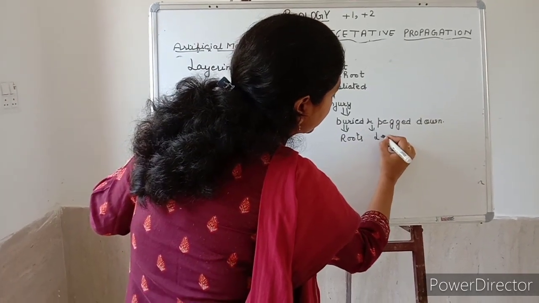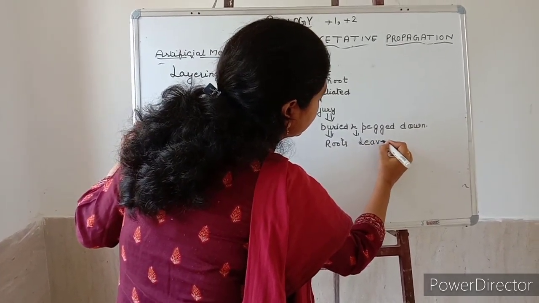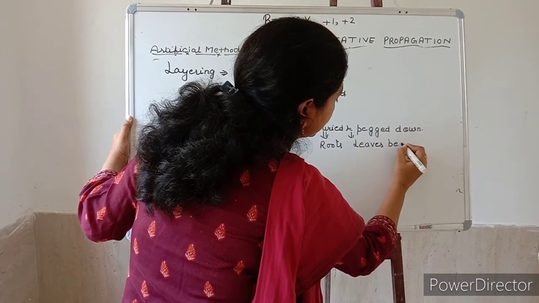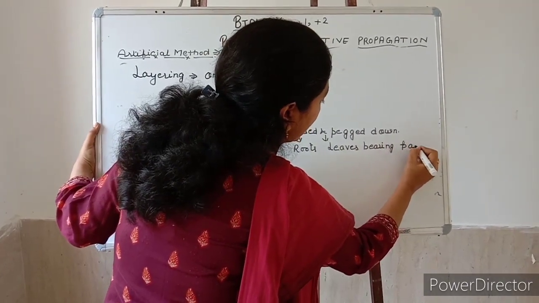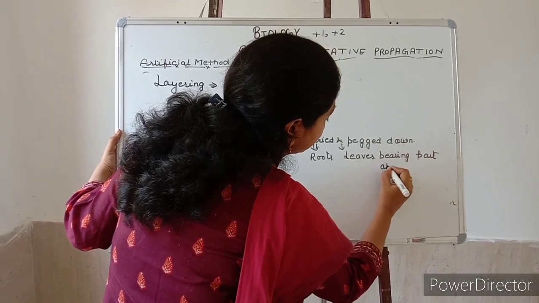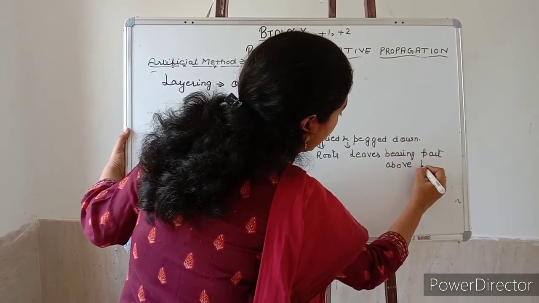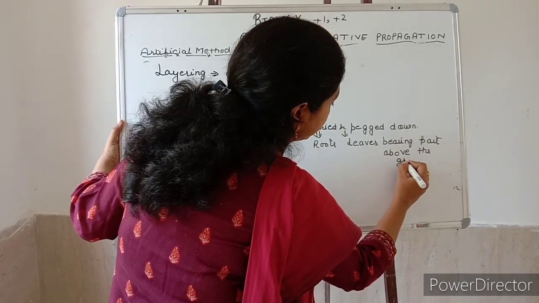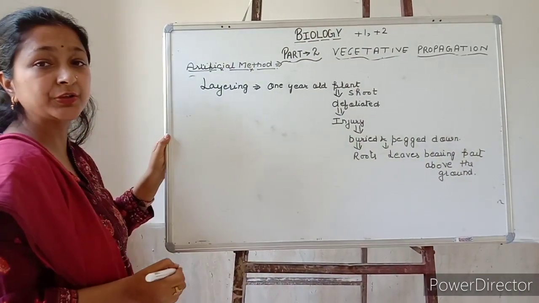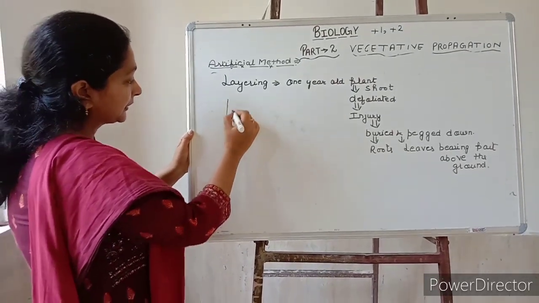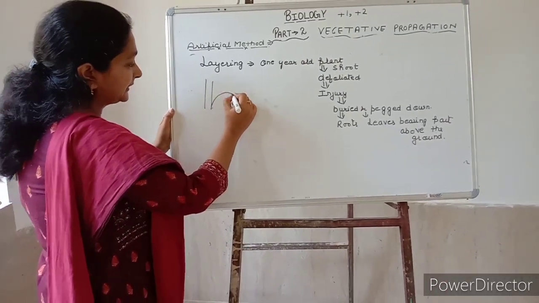And the leaf bearing portion is above the ground. So it will help in the formation of a new plant. Let us discuss one of its examples.